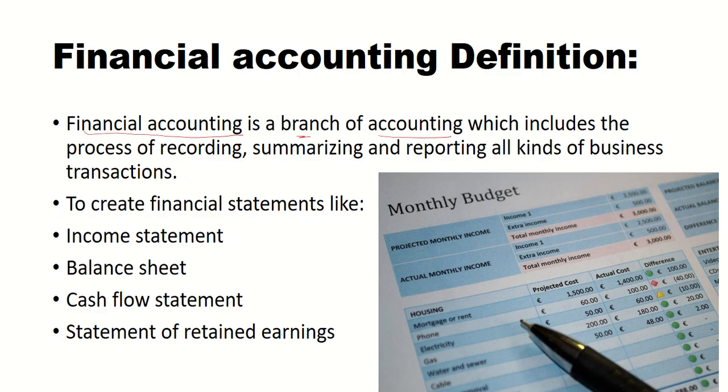Other branches of accounting also exist, but this branch includes three important processes: number 1, recording; number 2, summarizing; number 3, reporting all kinds of business transactions. The thing to note here is that the nature of the recording, summarizing, or reporting is business transaction information or business transaction data.